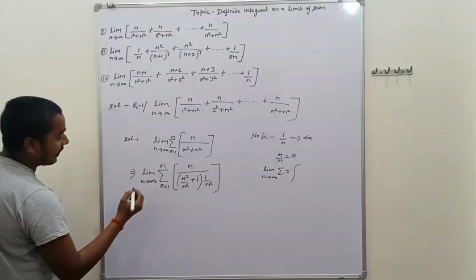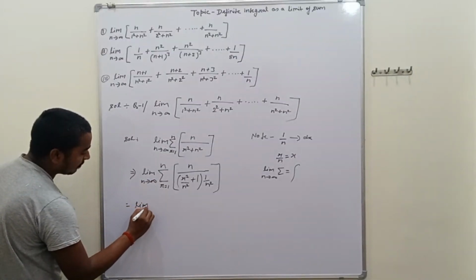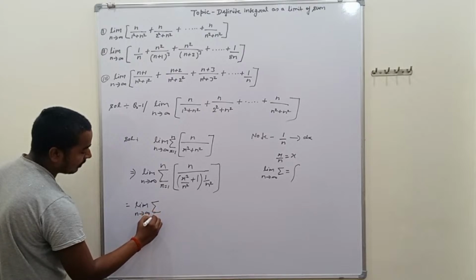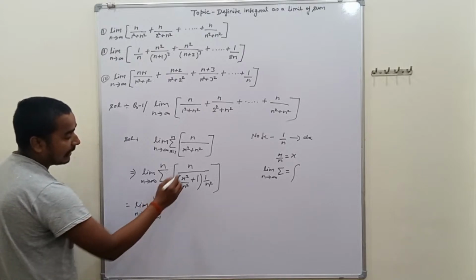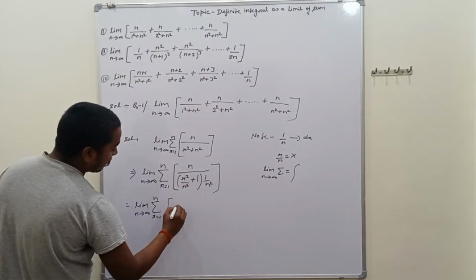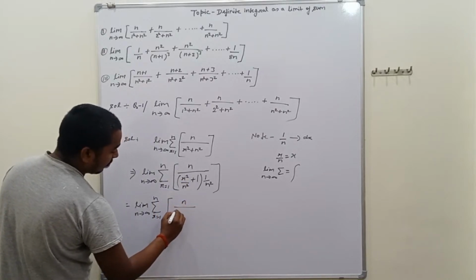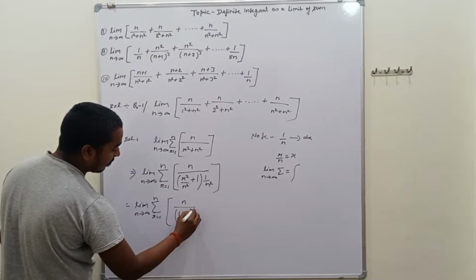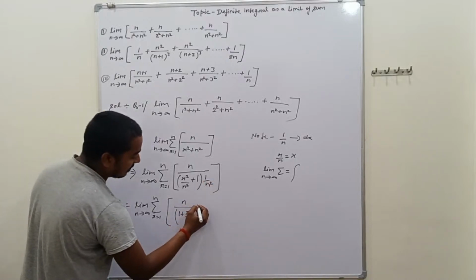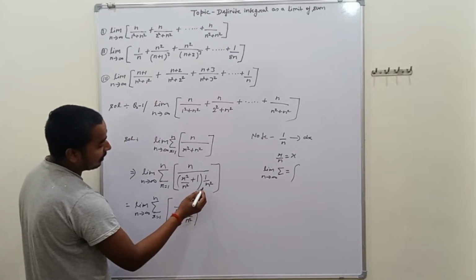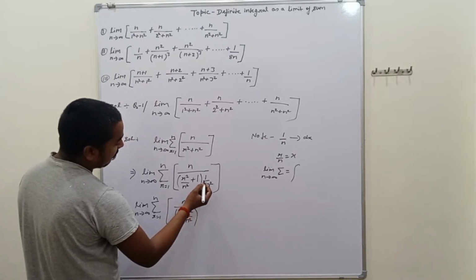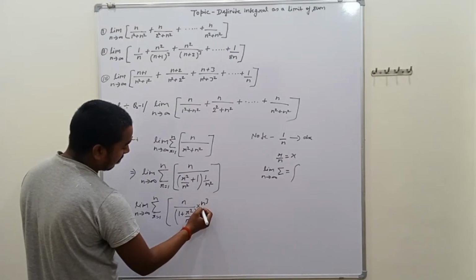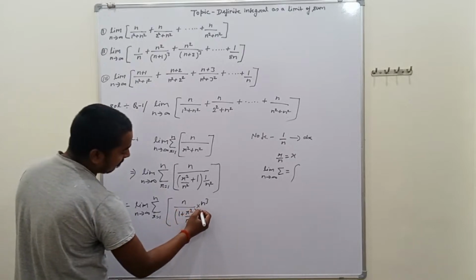Further we solve the limit of n tends to infinity, summation r equal to 1 to n, and we can also write it as n upon 1 plus r square upon n square, and 1 by n square is written by cross multiplying, that is n square upon 1.